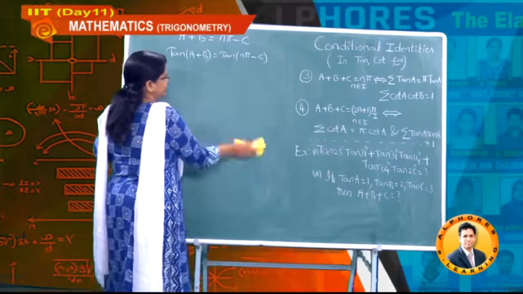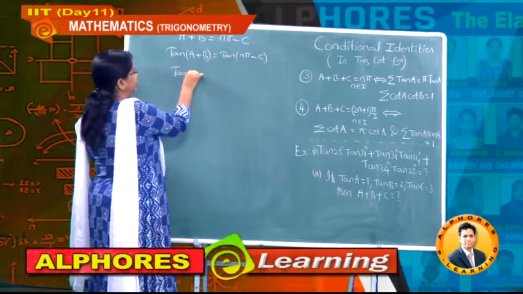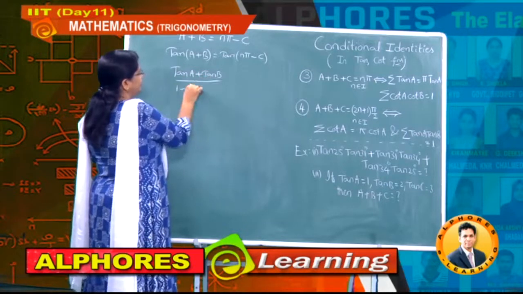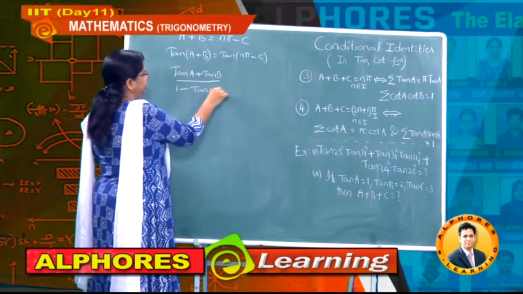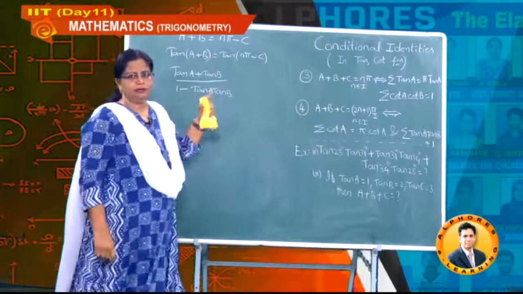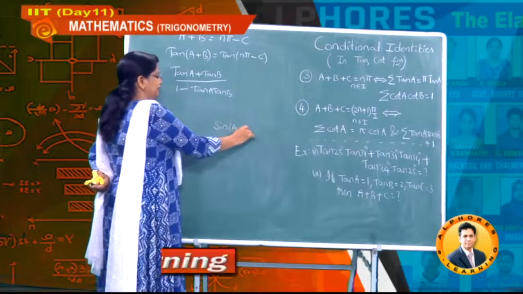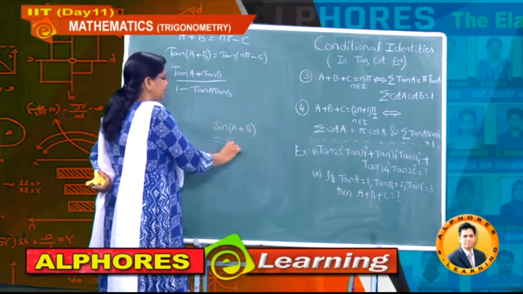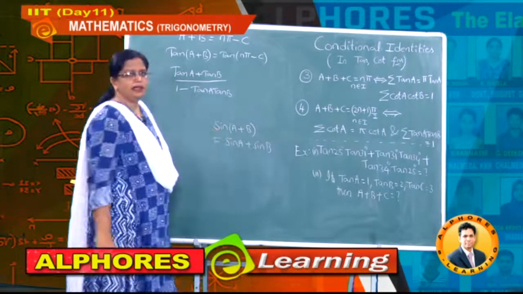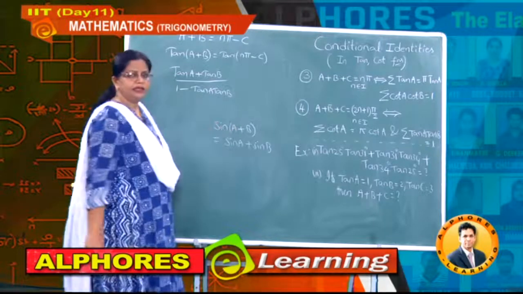Hence, what is the value? Using the tan (a plus b) formula, I am writing tan a plus tan b whole divided by 1 minus tan a tan b. Students, observe here: whenever you are using compound angle formulae, sin of (a plus b) is not sin a plus sin b. Understand, students, because sin is not a number, you cannot distribute it.